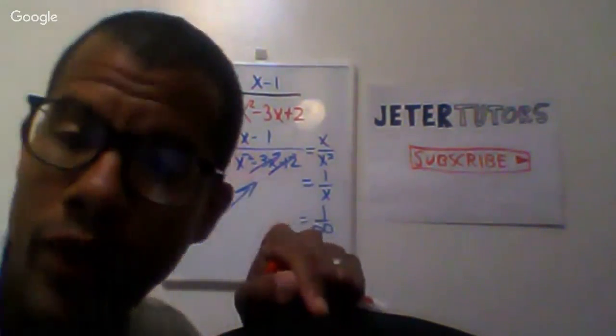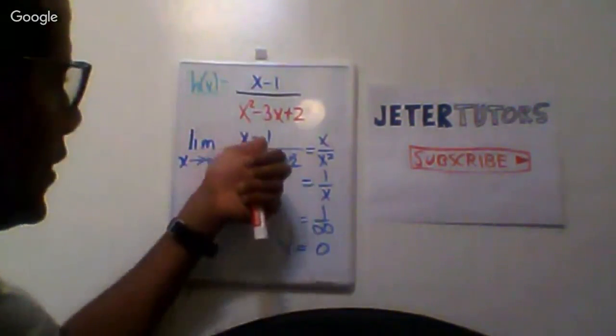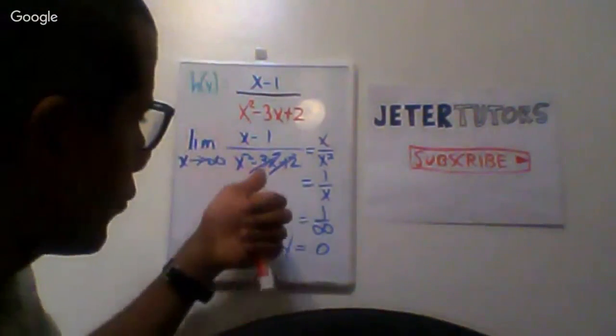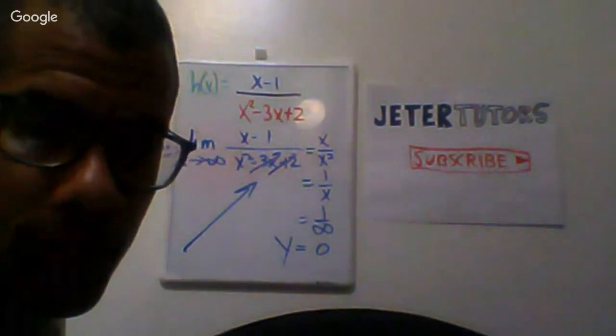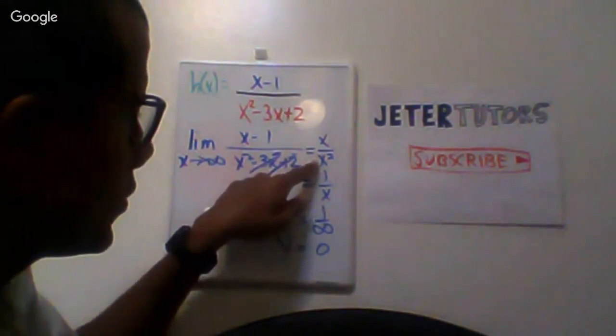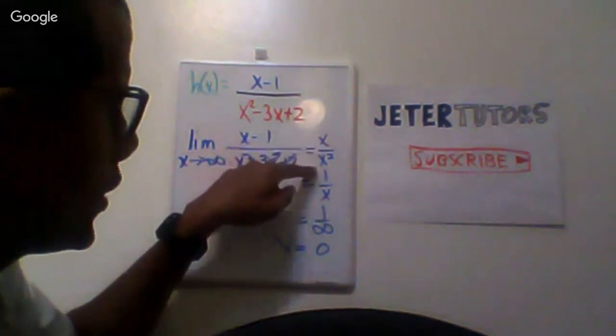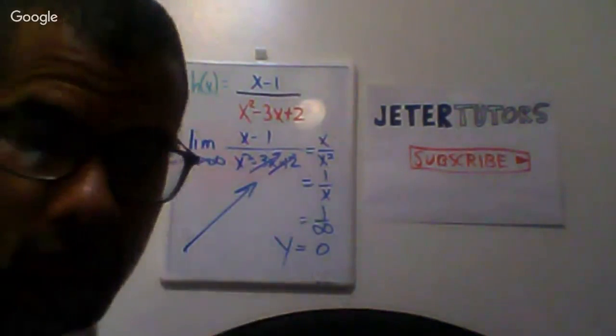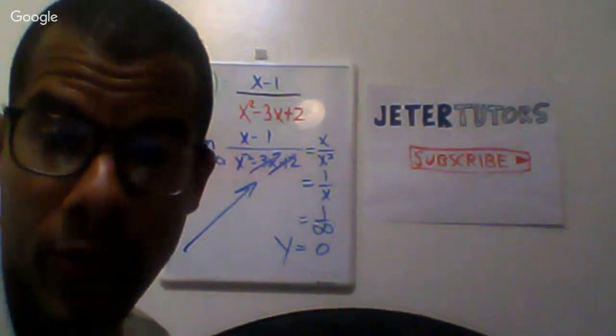The reason the rule works is because the lower degree terms basically disappear, and you can rewrite this quotient as something that makes sense, something you can actually evaluate.